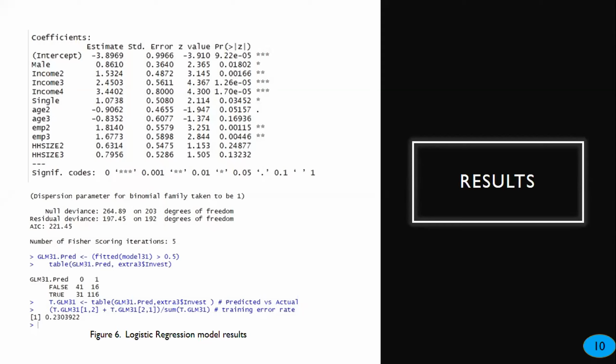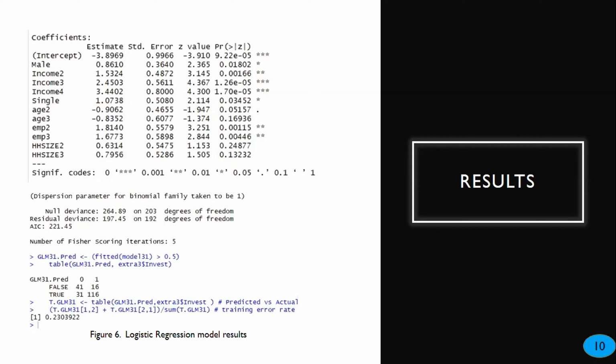But some variables are not highly significant, like household size, and age is also not highly significant. Age group 2, that means between 31 to 50, is somewhat significant with a negative sign, which shows that maybe when people get older, they don't want to make many investments, they don't want to take risks.